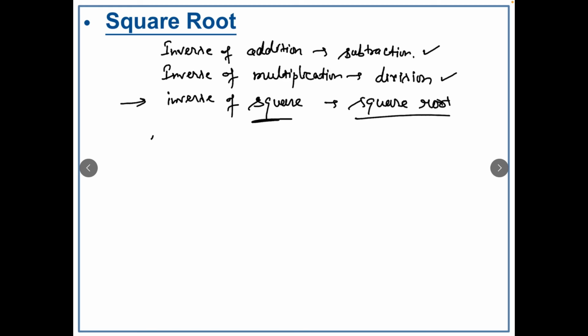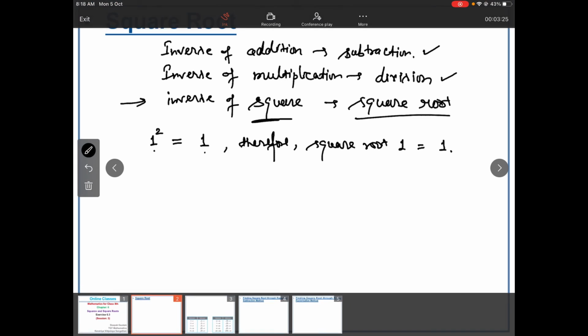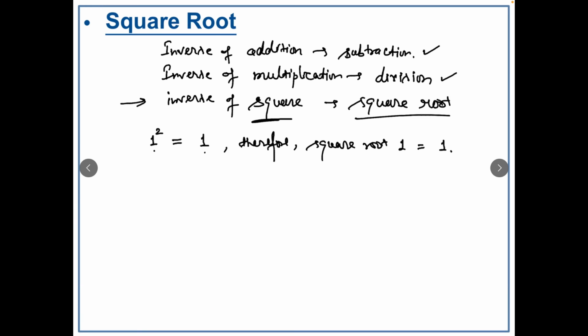Suppose we find the square of the number 1. The square of 1 is 1, therefore the square root of 1 will be 1. So the square of 1 is 1, and the square root of 1 is also 1.